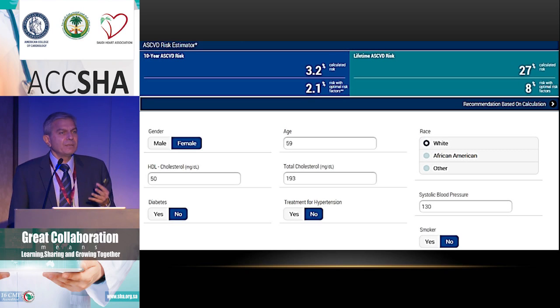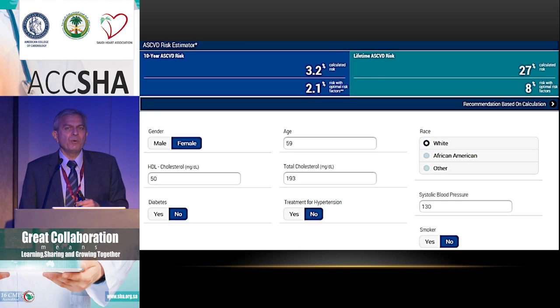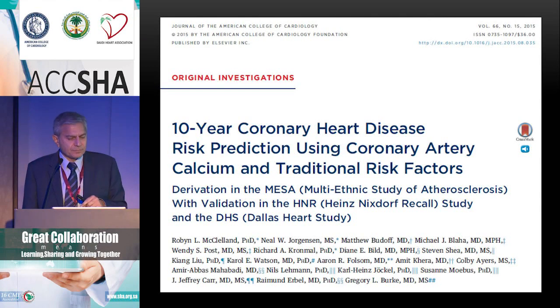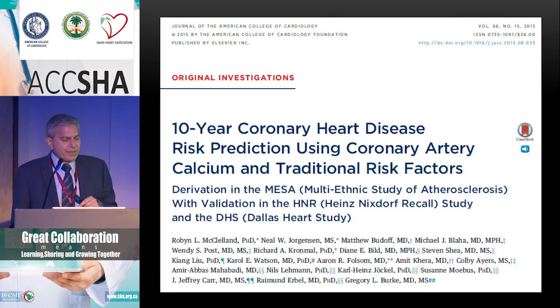And again, this is a real patient. So now what do I do with the information? Well, nothing, because the guidelines still tell me treat. They're not telling me that if the calcium score is 0, you don't treat. But there is data that came out this month in, I think, JACC, on 10-year coronary heart disease risk using coronary artery calcium and traditional risk factors.